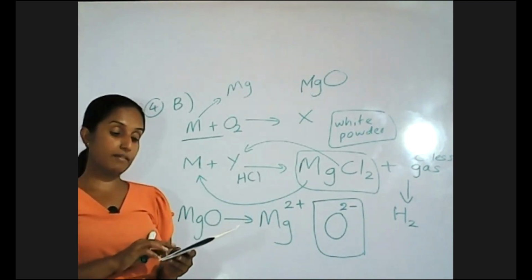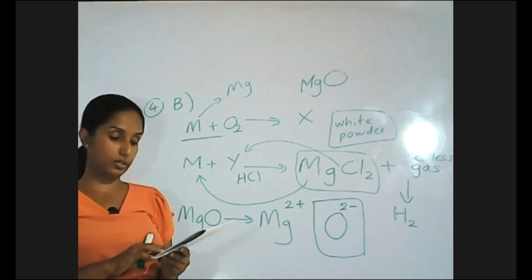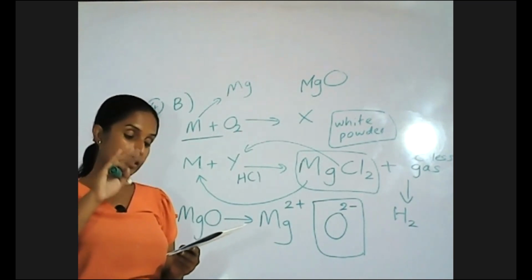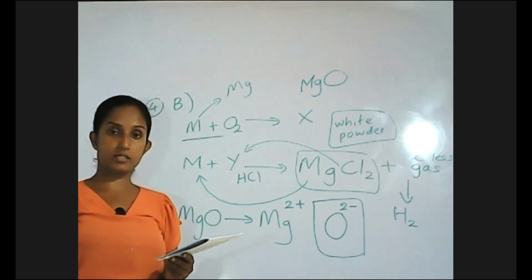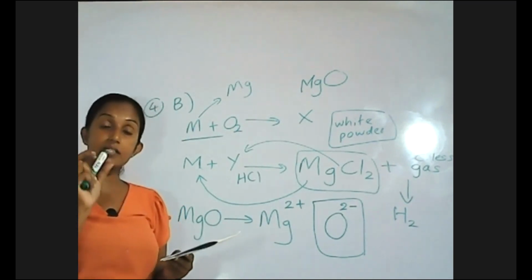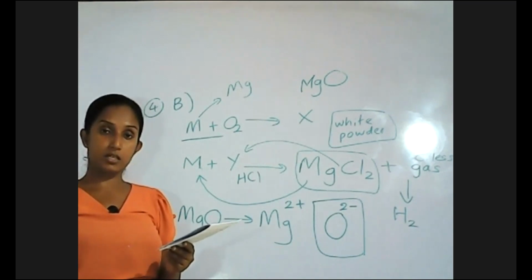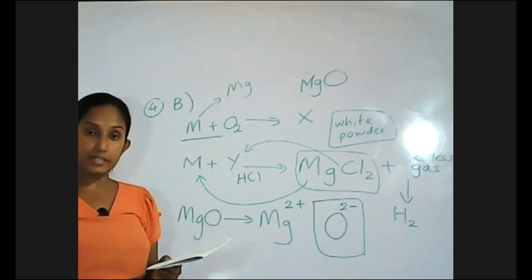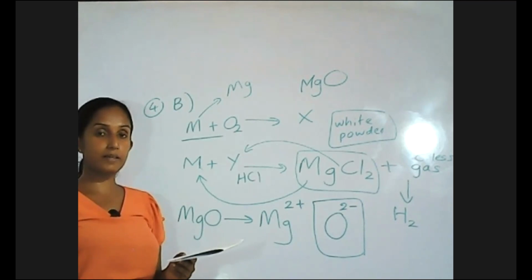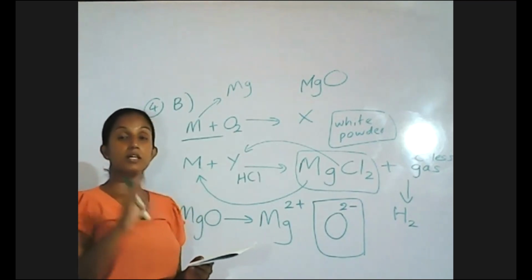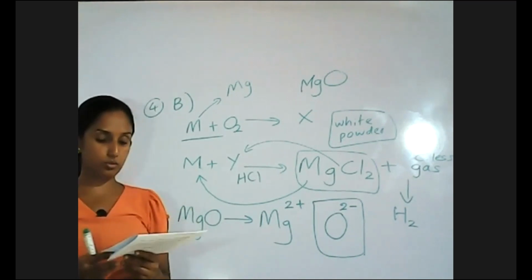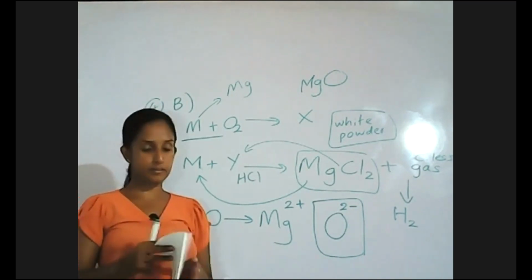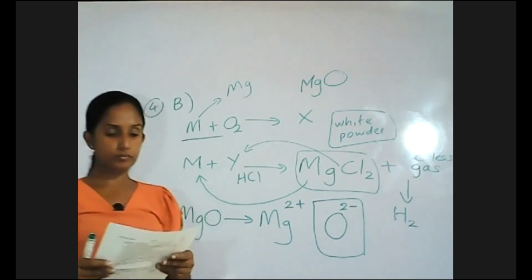So if you have written blue here, that is wrong. They have asked which color litmus papers give a color change, so we have to use red litmus papers. In basic solutions, red litmus papers turn into blue. So the answer should be red.